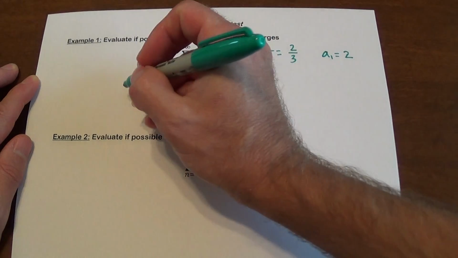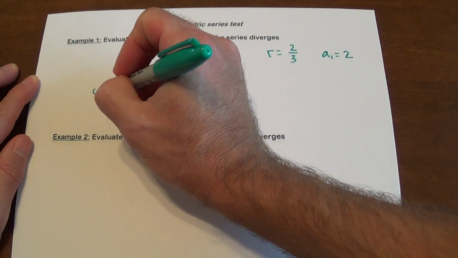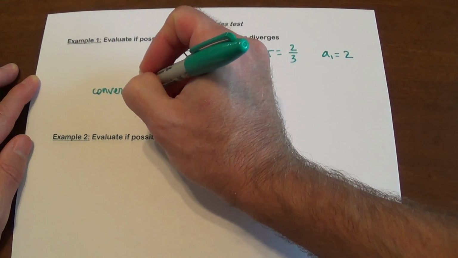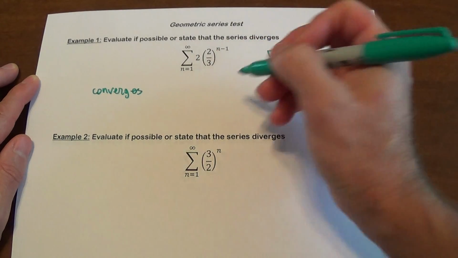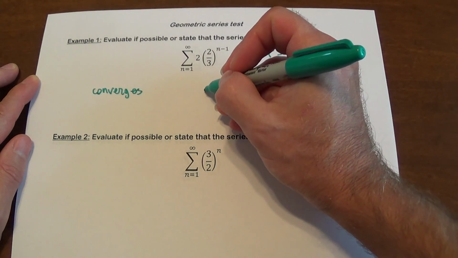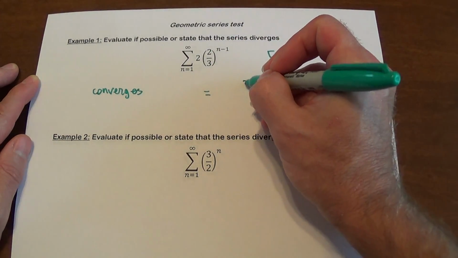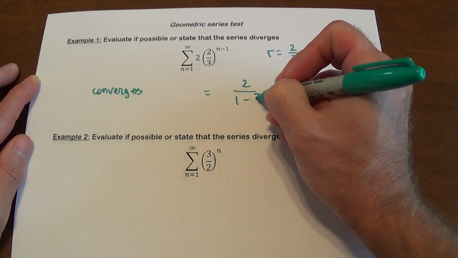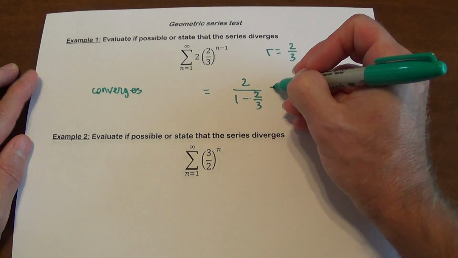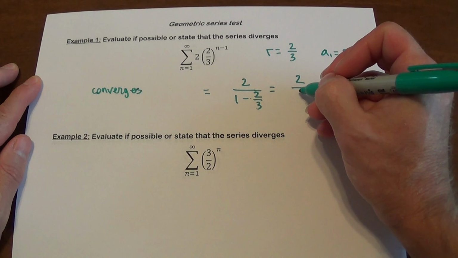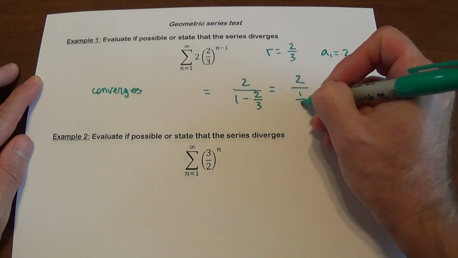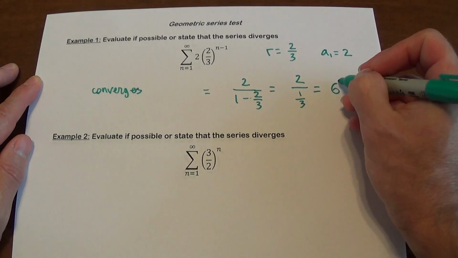So it converges, and we can find the sum, which is the first term divided by 1 minus the common ratio. That's 2 divided by 1/3, and that's going to give us 6.